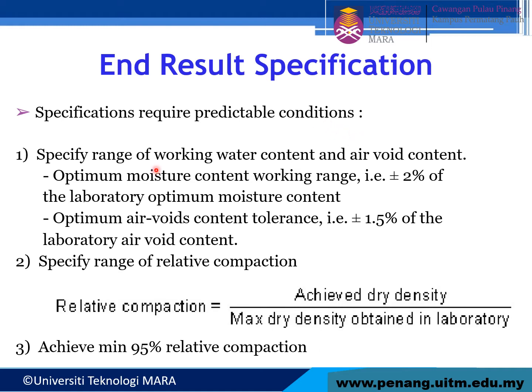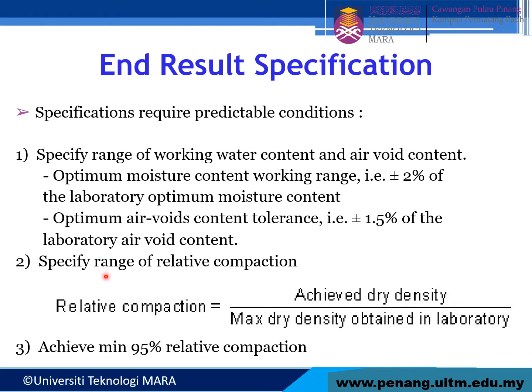It is a specified range of working water content and air void content. For example, the optimum moisture content working range is plus or minus 2% of the laboratory optimum moisture content. For the optimum air void content tolerance, for example, plus or minus 1.5% of the laboratory air void content.